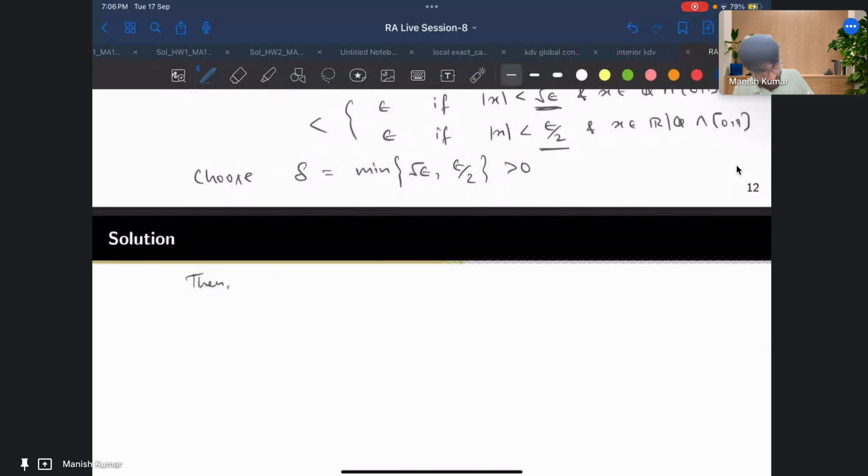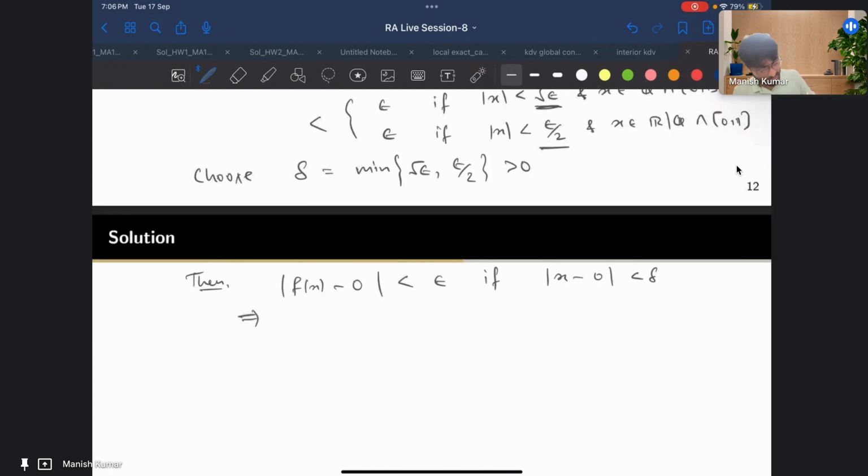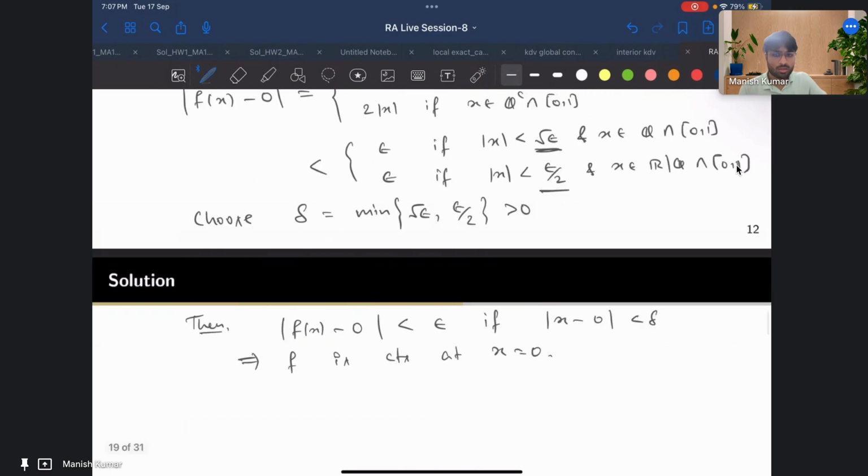Then mod of f of x minus 0 is less than epsilon if mod of x minus 0, or mod of x, is less than delta. If you want, you can include 0 less than mod x. Yes, so this implies f is continuous at x equal to 0. Is this clear?